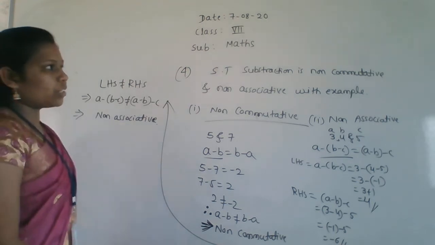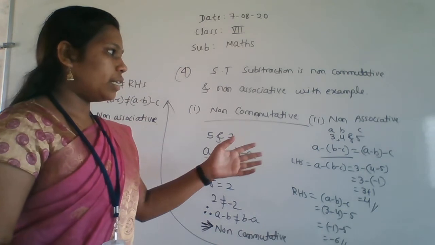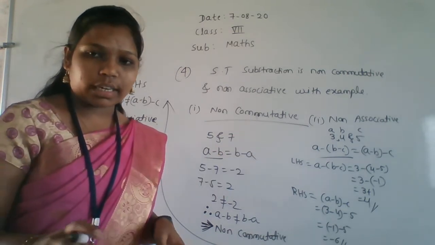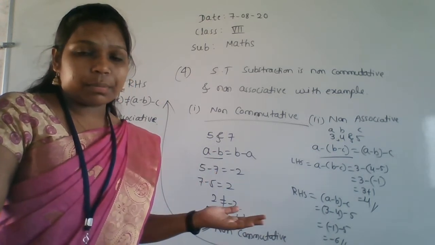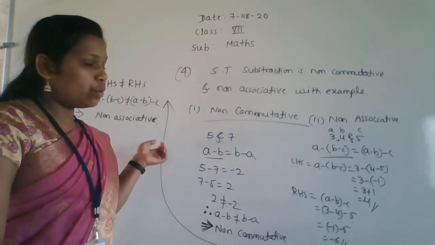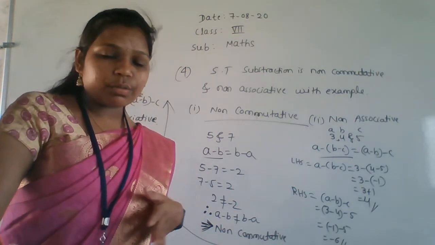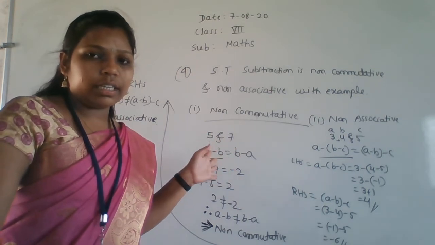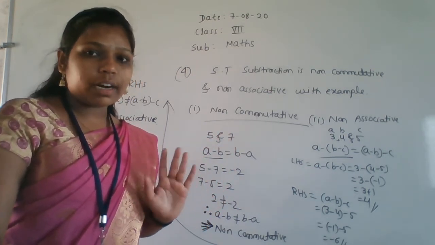So in subtraction of integers, the commutative as well as the associative property will not hold good. Under subtraction, the commutative as well as the associative property will fail for integers. It is not so for addition.